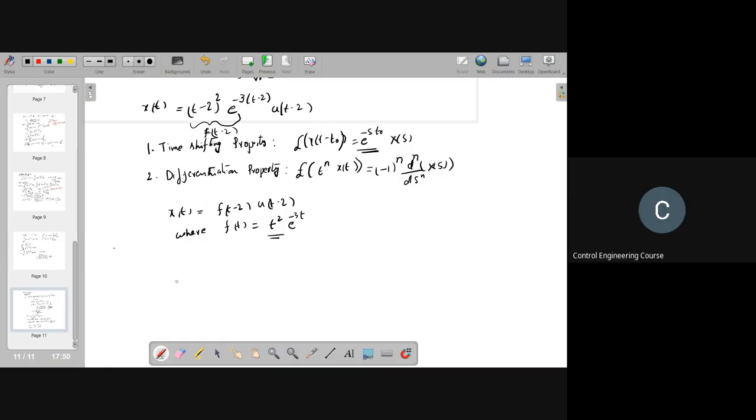Now F of s is nothing but the Laplace transform of f of t, which, using the differentiation property, is minus 1 whole square d square by ds square of the Laplace transform of e power minus 3t. What is that one? It is 1 by s plus 3.